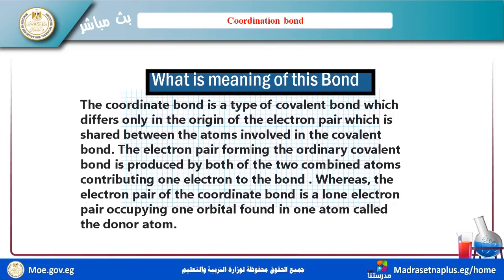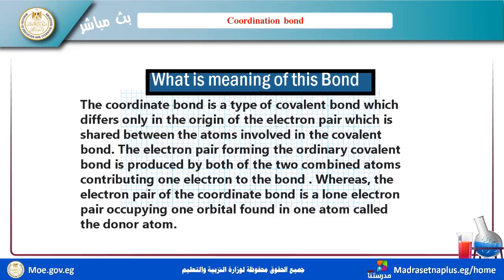If I ask you what is the difference between covalent bonds and coordinate bonds, the answer is that in covalent bonds the bond pair is sourced from two atoms, but the two electrons in coordinate bonds come from one source only.